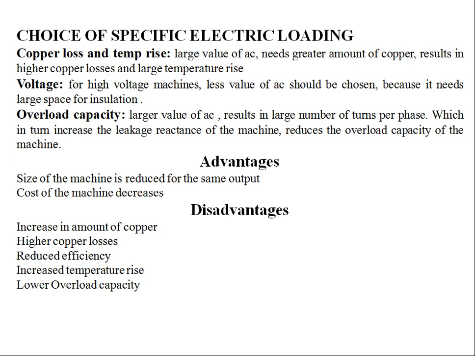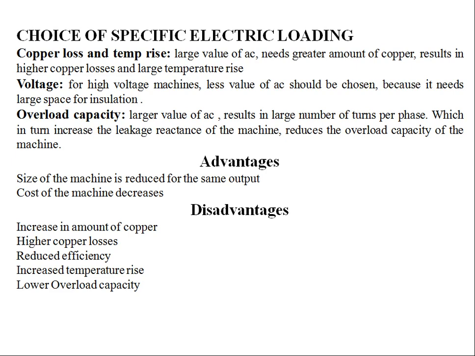Then overload capacity. The larger the value of ampere conductors would result in larger number of turns per phase. Larger the value of specific electric loading means larger number of turns per phase.